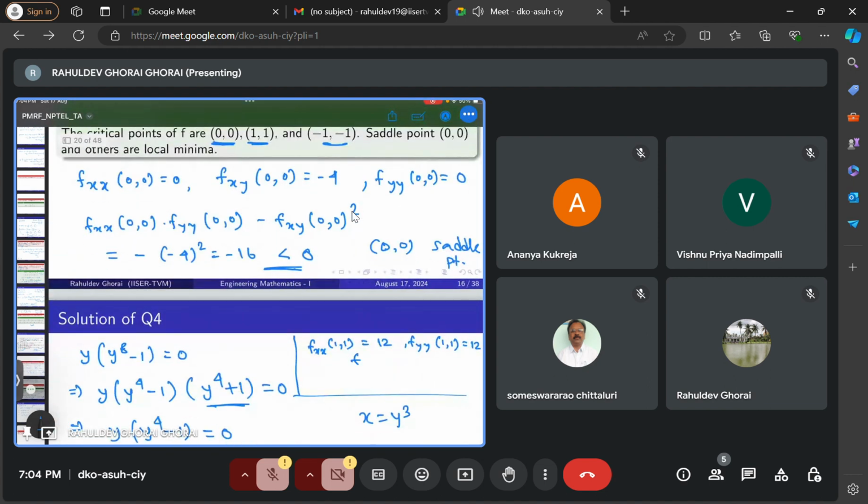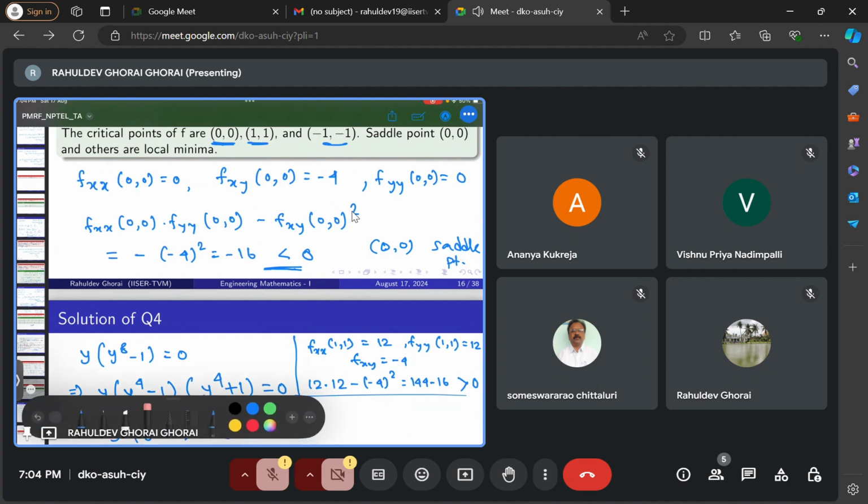And fxy will be minus 4, right? So if you multiply 12 times 12 minus (minus 4) whole square, that is 144 minus 16, which is of course greater than 0. So once it is greater than 0, it can be maxima or minima.